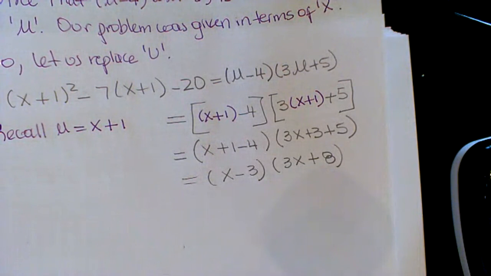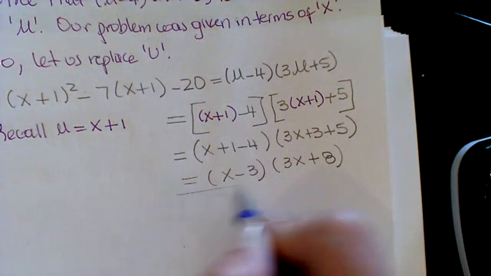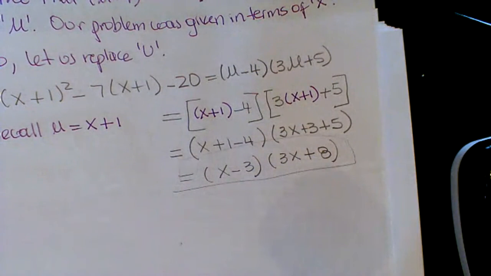All right? This is one way to do it. If you do not like the substitution, you can multiply it out and then factor. And then you will get the same answer. Okay?